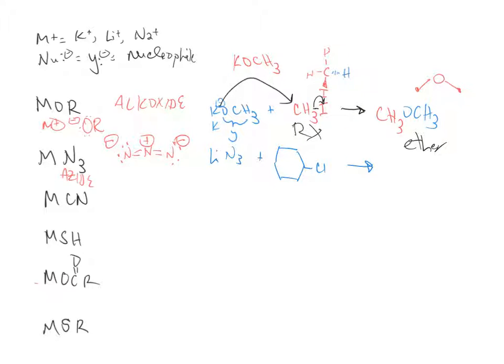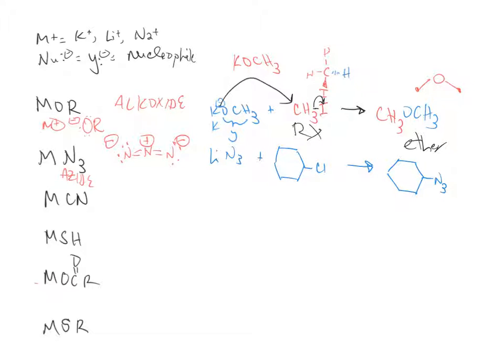Oops, that's supposed to be 6. Okay. Plus the inorganic, by the way, I didn't put the first one on there, but the inorganic compound product on the first one would be potassium iodide. A lot of times we don't even show it. The second one would be lithium chloride. So now we have a way to add an N3 group on, which we're going to find out later on is a really good leaving group in and of itself.